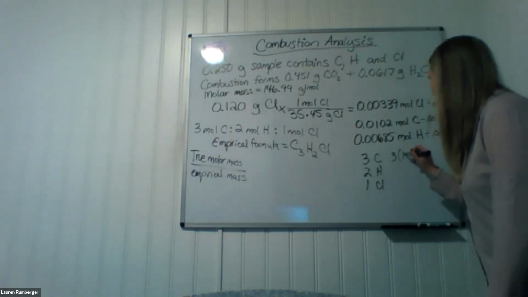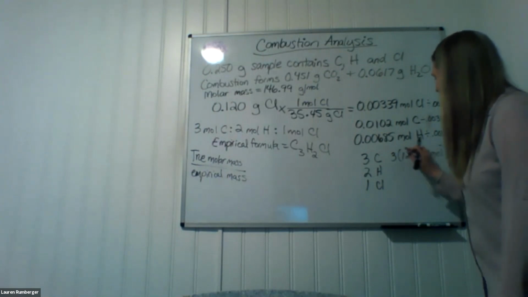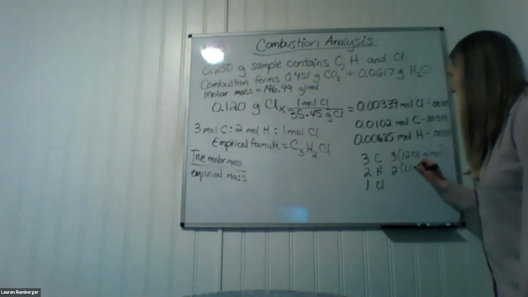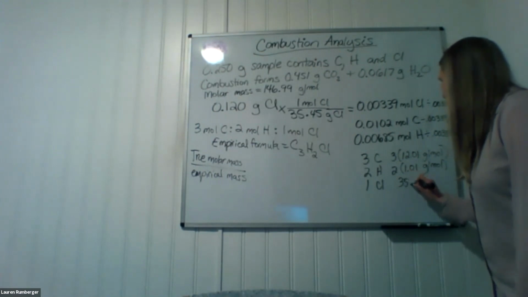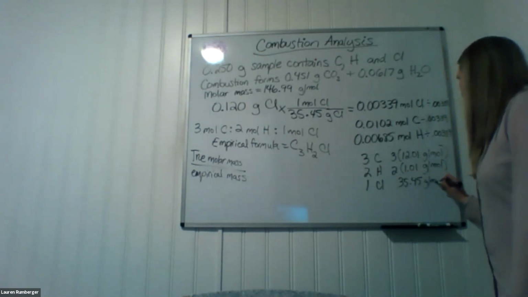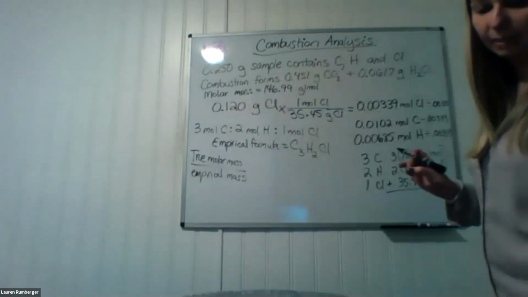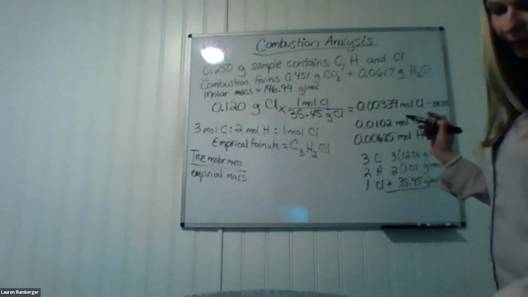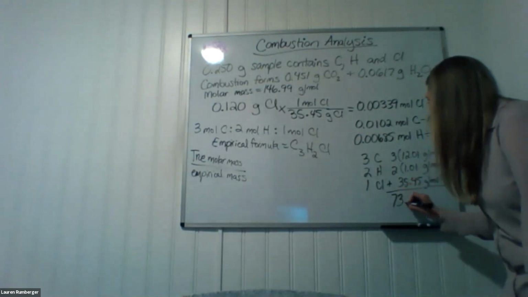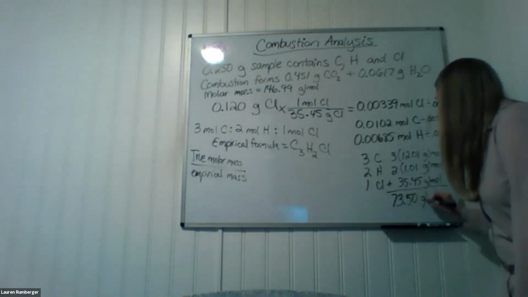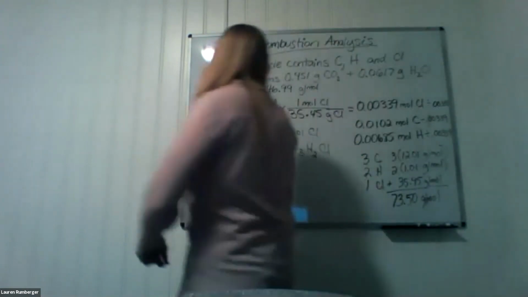So that's going to be 3 times 12.01 grams per mole, 2 times 1.01 grams per mole, and then 35.45 grams per mole. Add these together, and we get the molar mass of the empirical formula to be 73.50 grams per mole. Okay, so that's our empirical formula mass.